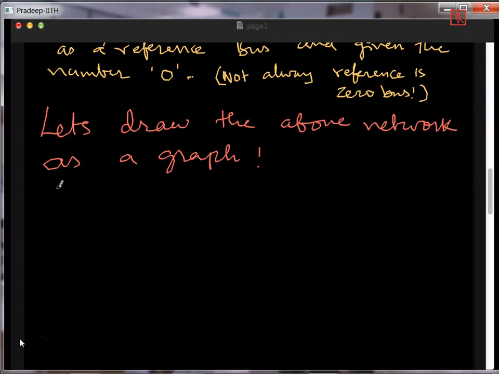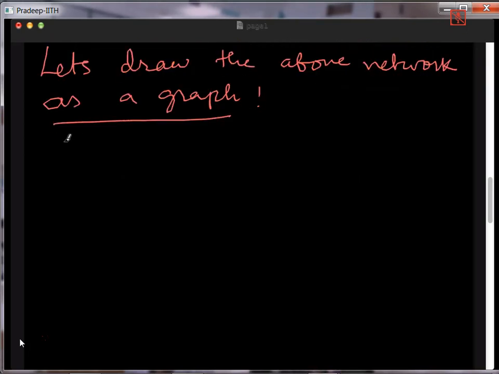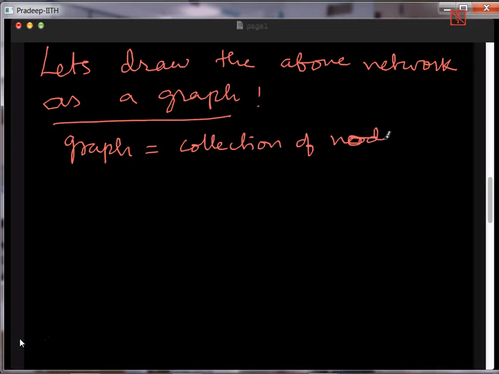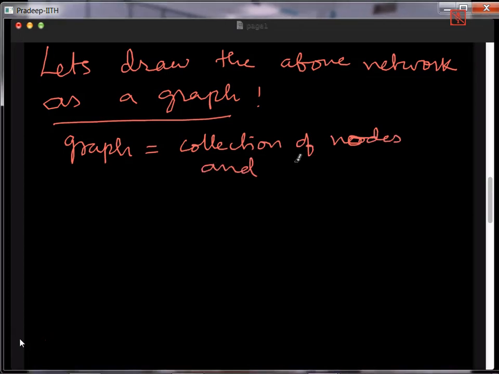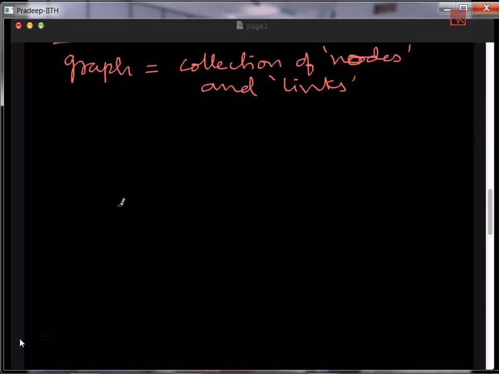So what is a graph? A graph is nothing but a collection of nodes and links. So I'll show you the example below. So we have 6 nodes.